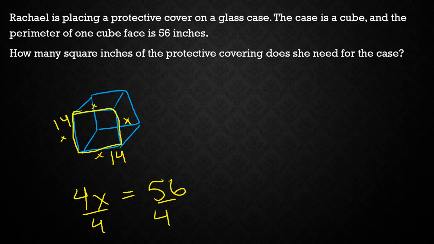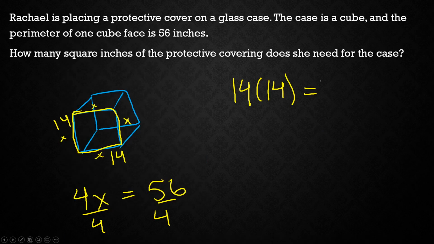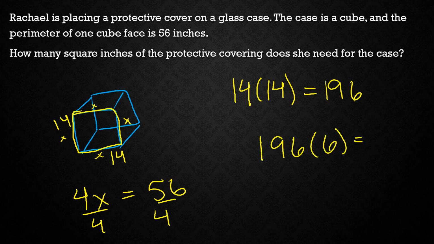So to figure out the area, all I need to do is take 14 times 14. So 14 times 14, I get 196. And then since this is a cube, all I need to do is take 196 and multiply it by 6 because each one of these faces is going to have the same area.